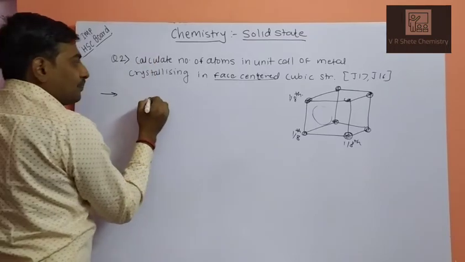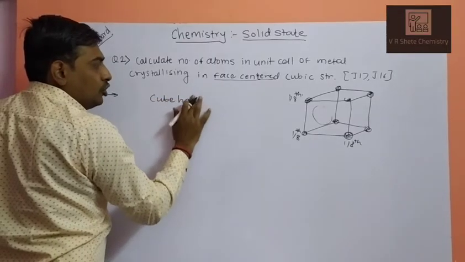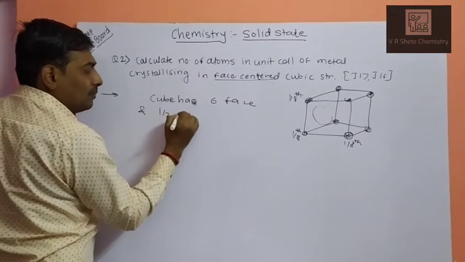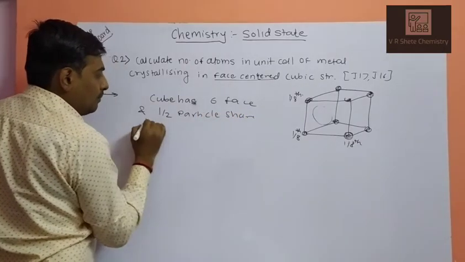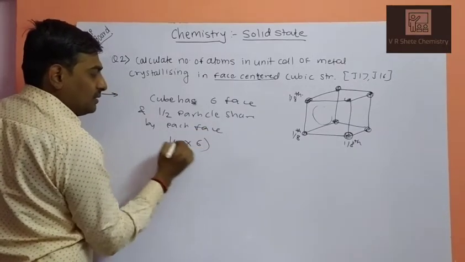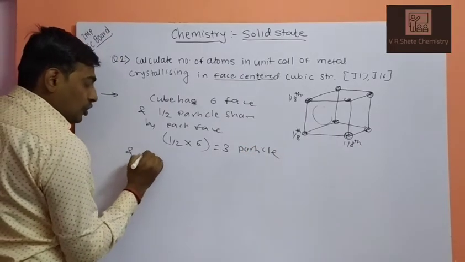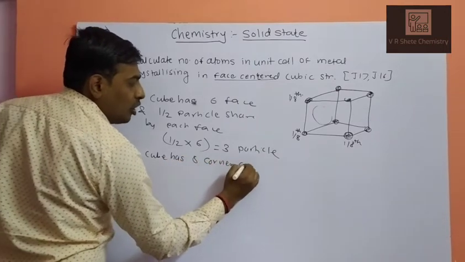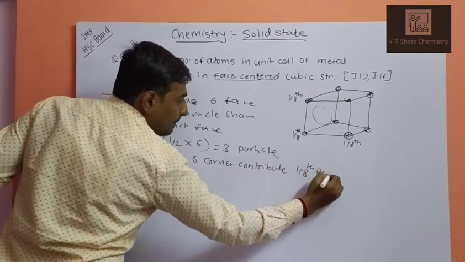So the cube has 6 faces and half a particle is shared by each face. So 1/2 multiplied by 6 faces, you will get 3 particles. And the cube has 8 corners, each contributing 1/8 part.